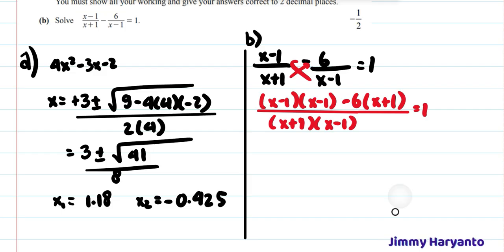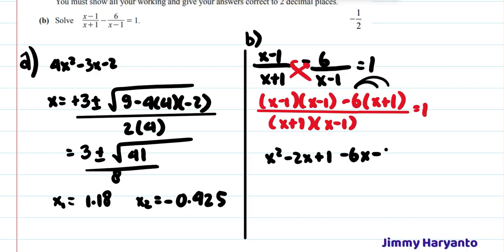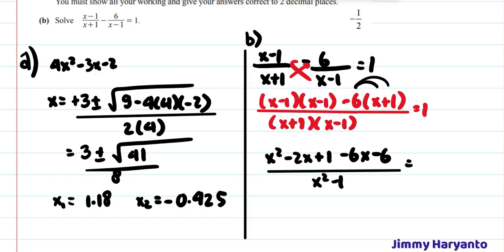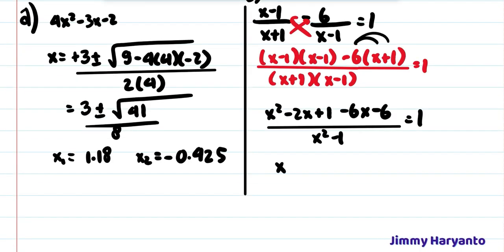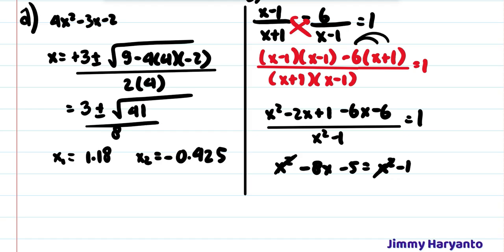Okay, next is to expand. This one is x squared minus 2x plus 1. This one is negative 6x minus 6, divided by the expansion of this one also, equals 1. And then you cross multiply, minus 8x minus 5 equals x squared minus 1. You can cross out this, so negative 8x equals 4, x equals negative half.